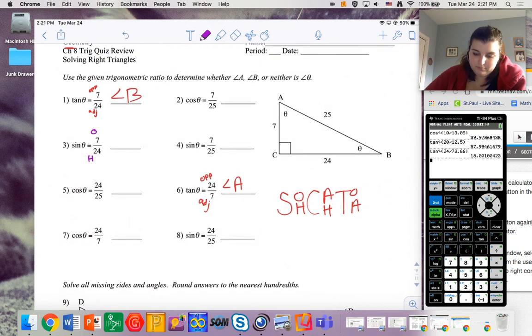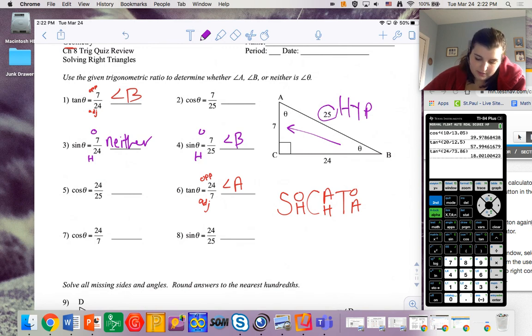Nope. 25 is always going to be the hypotenuse, no matter what. So this is neither, because it doesn't work. Okay. How about here? Oh, here it looks like it's just been fixed. The hypotenuse is 25. So it's got to be opposite was the 7. It's got to be angle B. Okay.